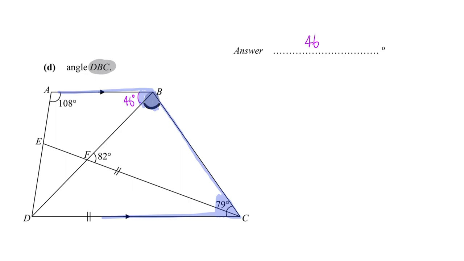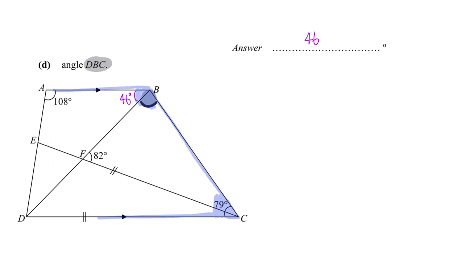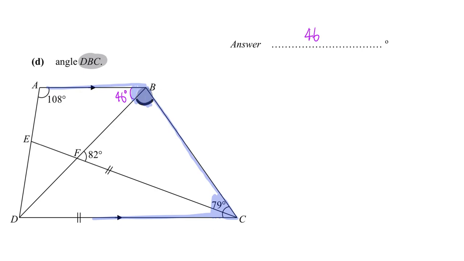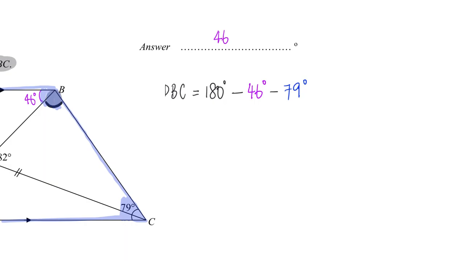Yes, and therefore I will be able to get angle DBC easily using 180 minus away my 46 degree, also minus away my 79 degree, because they are interior angles where AB is parallel to CD, and this will give me a value of 55 degree.